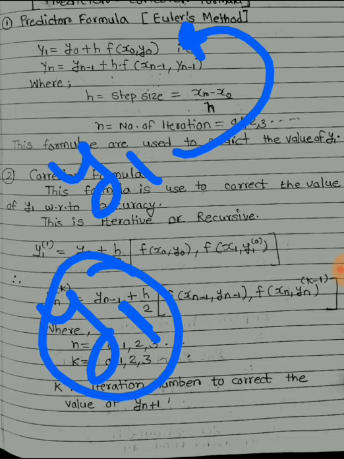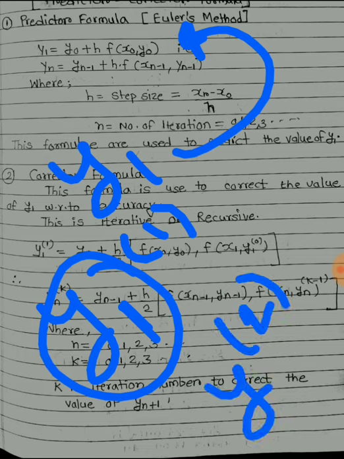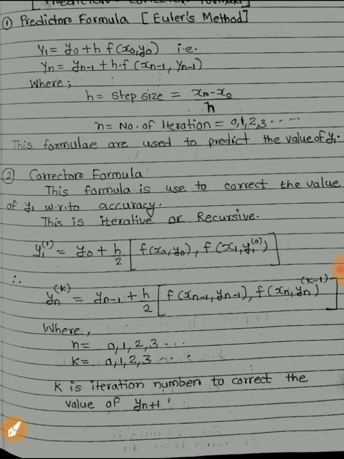That y1 value can be corrected with n number of iterations. So the first iteration I will call y1 raised to 1, then it becomes y1 raised to 2 in the second iteration, y1 raised to 3, and y1 raised to n.